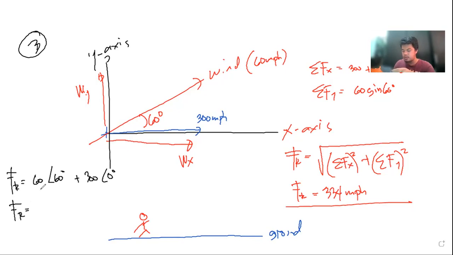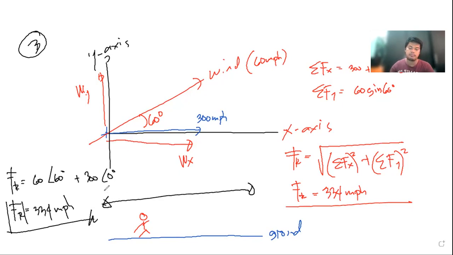And still you will have the magnitude of FR to be 334 miles per hour. Take a look, we have the same.